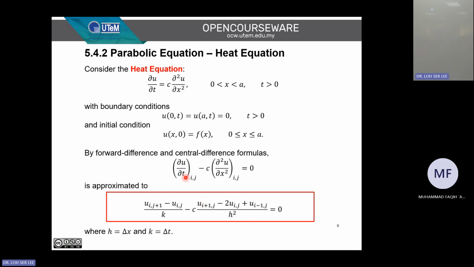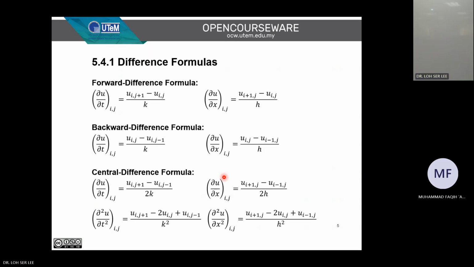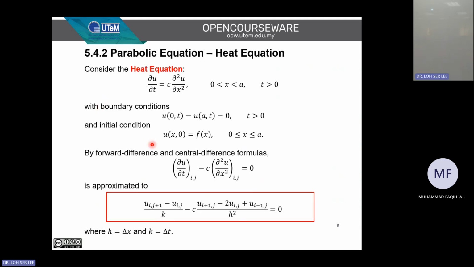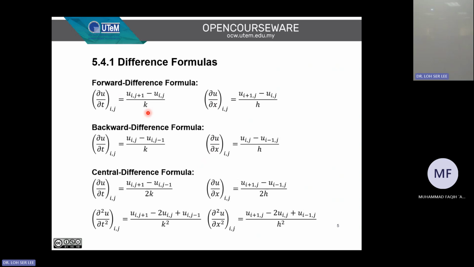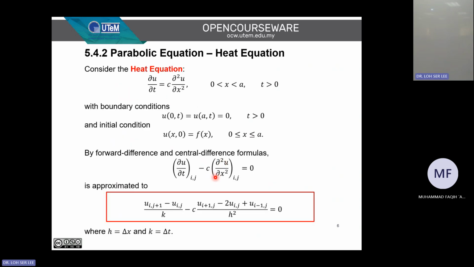So how do we get this? You see, this is first order in T and this is second order in X. For ∂u/∂t, we use the forward difference. For ∂²u/∂x², we use the central difference.